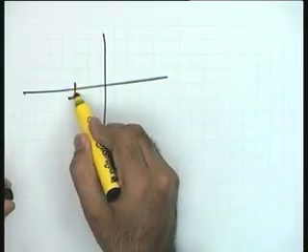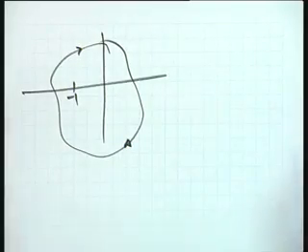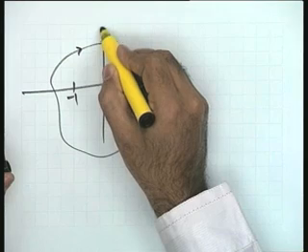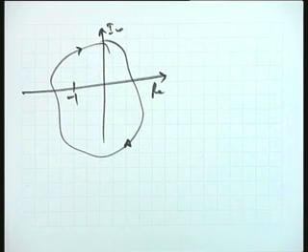Take up some typical plots. Let us say this is the minus 1 point. I take this plot. This is the direction of the plot. Let us say this is real, this is imaginary. I am giving you a count of n only. In this particular case, please help me. There is one encirclement of the minus 1 plus J0 point, and that is in the clockwise direction.